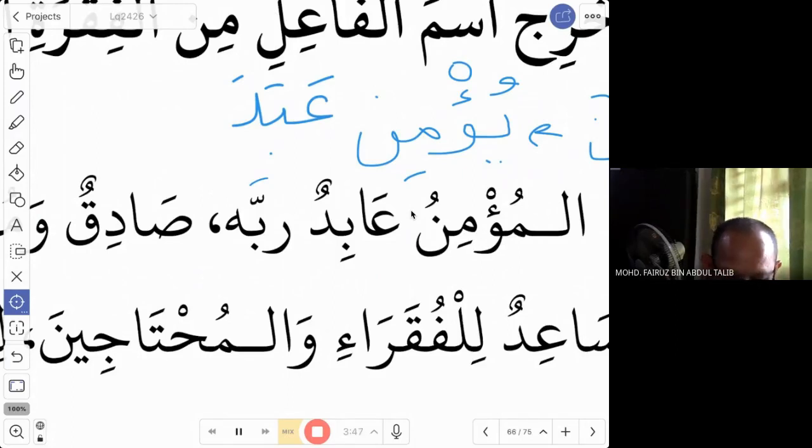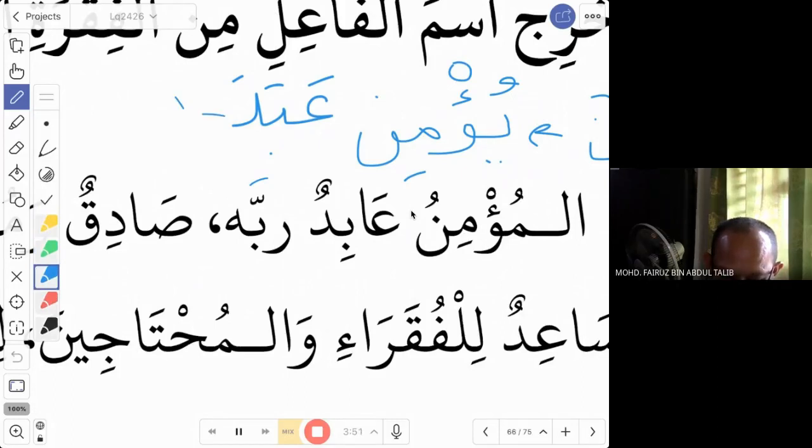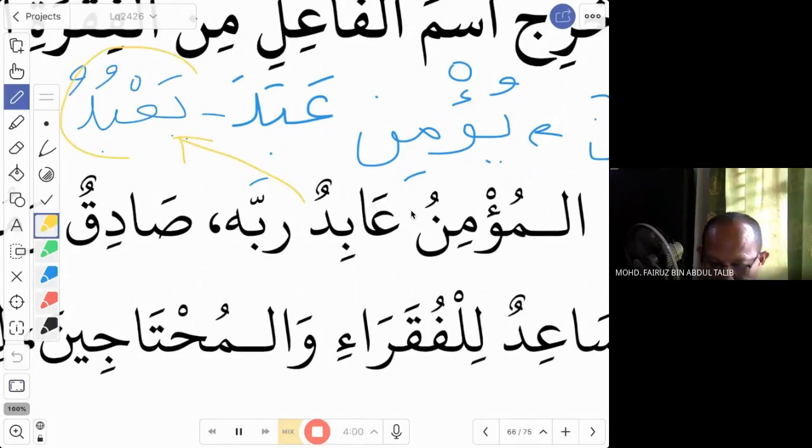And normally we use the fi'il mudhari to translate the meaning of this. So because you can replace the word abid with the word ya'budu, the meaning is the believer worships his God. It is similar when you say al-mu'min abidun rabbahu.